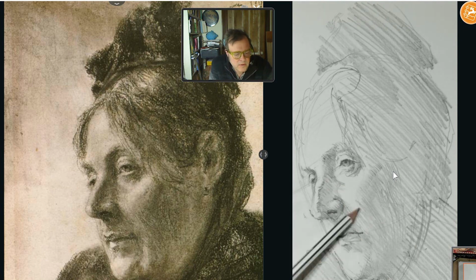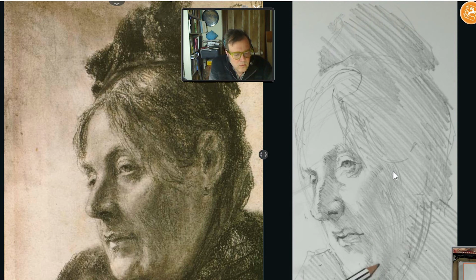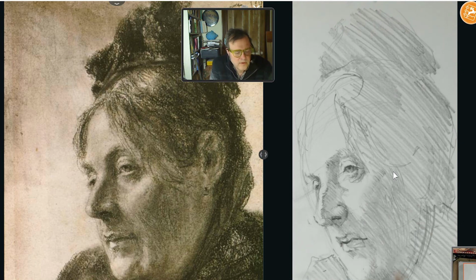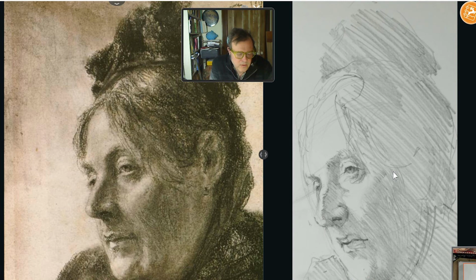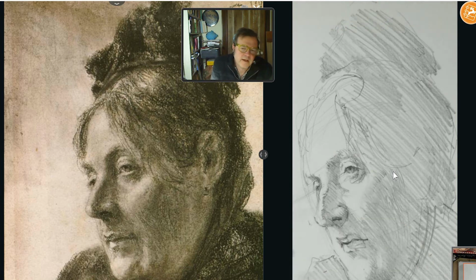I don't want these forms to compete. And after unifying an area, see how it just sort of recedes into shadow more convincingly? After doing that, I can always go back with the eraser and just pick a little bit of light back out of it again.